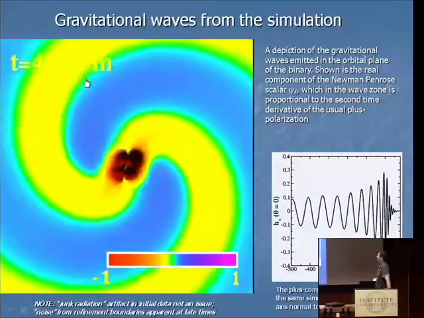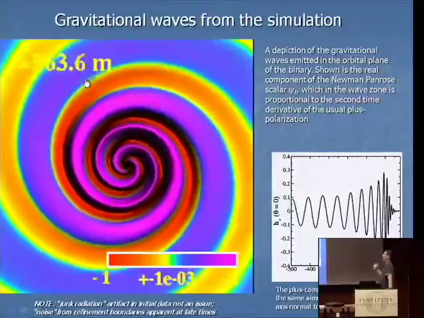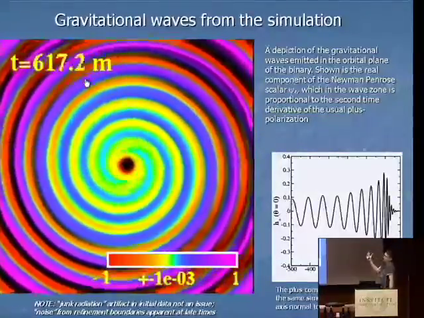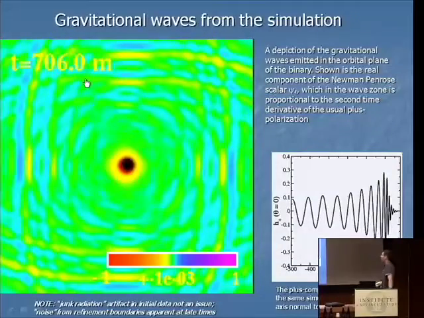As they spiral in, the amplitude gets larger, the wavelength gets shorter, so the frequency gets higher, and eventually they merge. It forms a very highly distorted Kerr black hole, and then it quickly rings down to a Kerr black hole. For example, this pattern here is largely just noise from refinement boundaries.